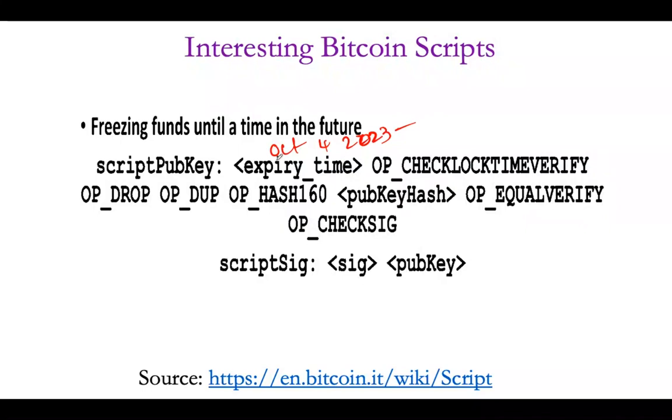Once this date is expired, this instruction is executed, and then the Bitcoin starts executing, creating the coin by the operation of check lock time verify. Then, to create the coins, you do the duplicate one and use the other operations, same as what we discussed right now. So that is inserting the Bitcoin with conditions to make it freeze funds until a time in the future. For that, the scripting code is this.